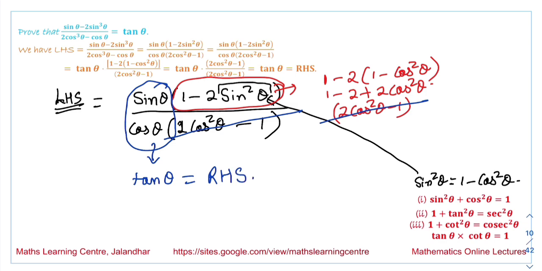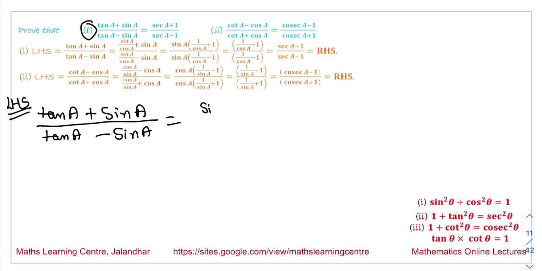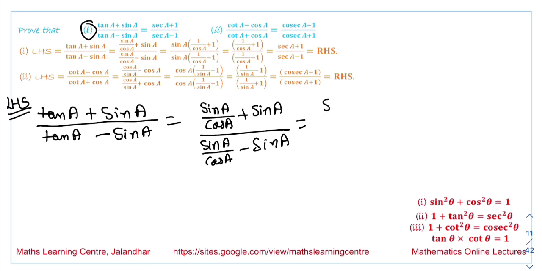Next we have to prove that tan A plus sin A over tan A minus sin A. We are considering the left hand side of the first equation. Now we can write tan A as sin A over cos A plus sin A over sin A over cos A minus sin A. If we take sin A common from this, what we are left with is 1 over cos A plus 1.